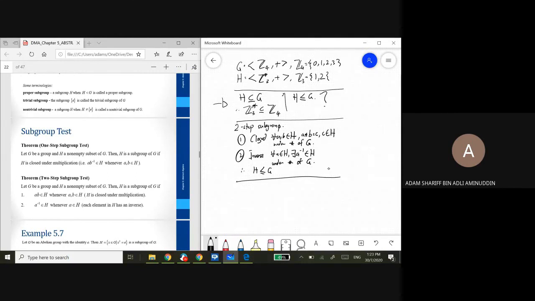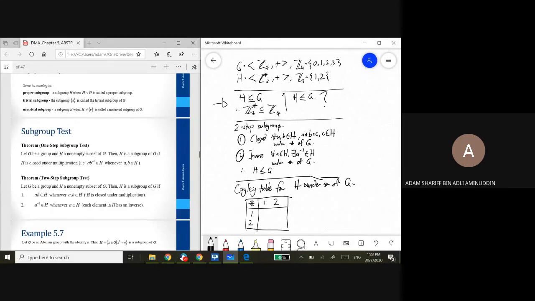We need to have a Cayley table for Z3 star. The binary operation of G, of H, with 1, 2 and 1, 2. Okay.